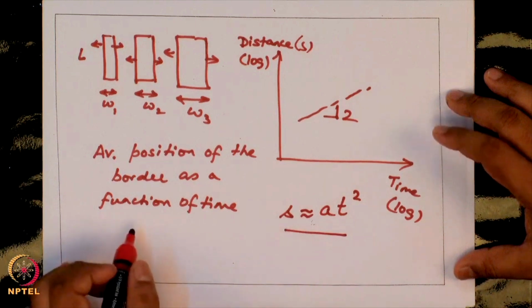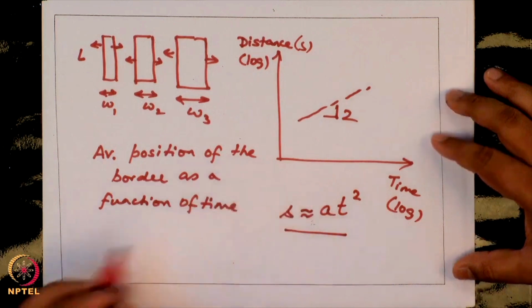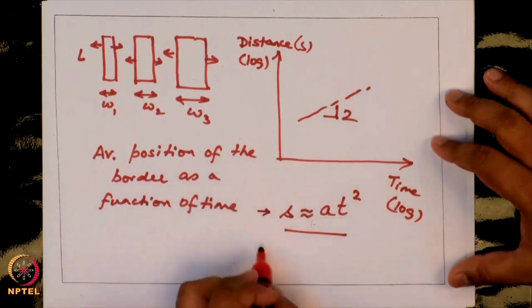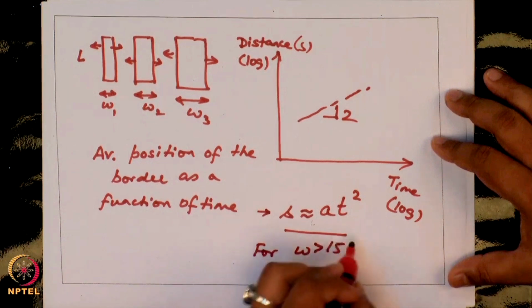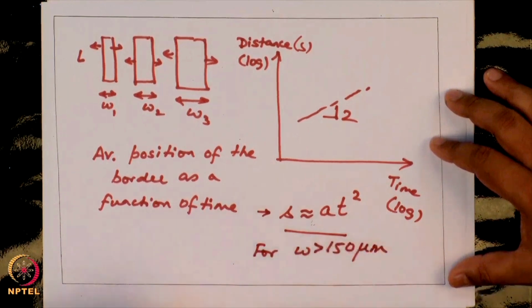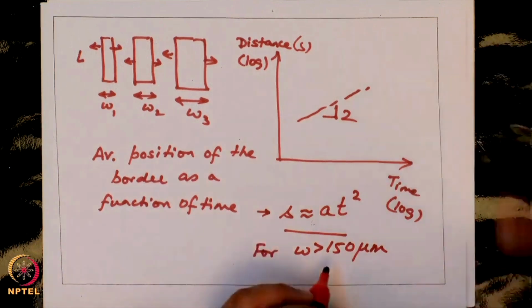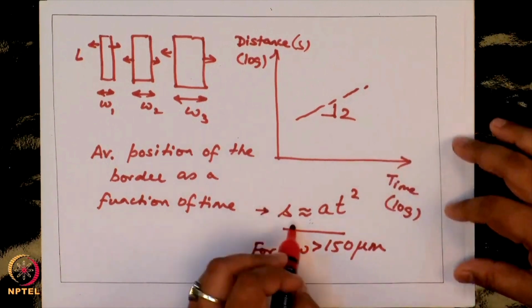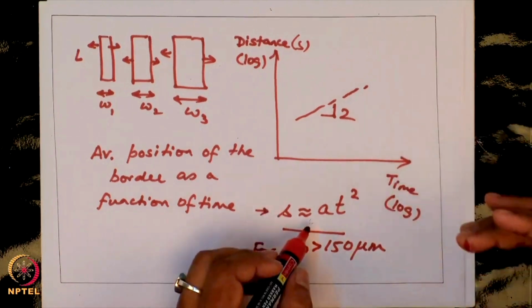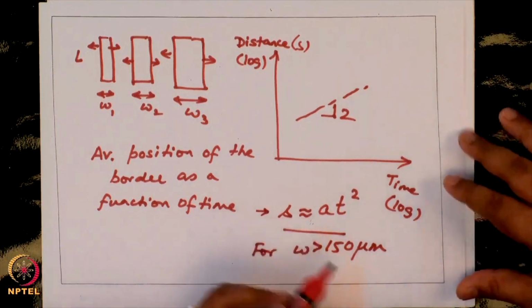Okay. So, what they found was S scaled as t square. So, this for W greater than 150 microns. Okay. So, beyond 150 microns, whatever be the width, you have a scaling relationship where the border exhibited a parabolic profile on the time t.